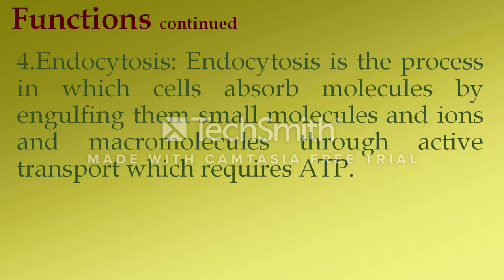Next is endocytosis. Endocytosis is a process in which cells absorb the molecules by engulfing them, small molecules and ions, and sometimes even macromolecules, through active transport which requires ATP.